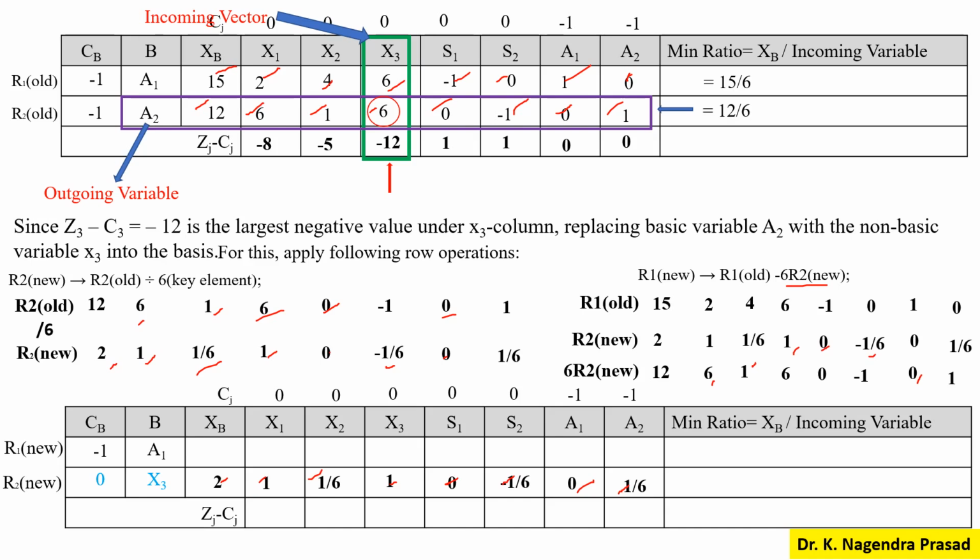Next we have to do the operation R1 old minus 6 R2, that is 15 minus 12, it is the 3, 2 minus 6, it is the minus 4, 6 minus 6, sorry, here first 4 minus 1, it is the 3, 6 minus 6, it is the 0, and minus 1 minus 0, it is the minus 1, and 0 minus of minus 1, it is the 1, 1 minus 0, 1, 0 minus 1, it is the minus 1.